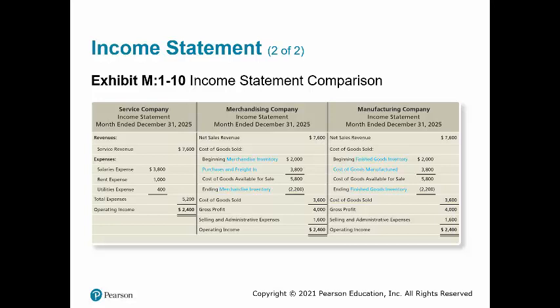From that, we subtract the ending finished goods inventory to get cost of goods sold. I always like to tell students that you can compare these and see that instead of purchasing those finished goods as the merchandising company does, the manufacturing company is actually going to manufacture those goods. Otherwise, the calculation of cost of goods sold is very similar.